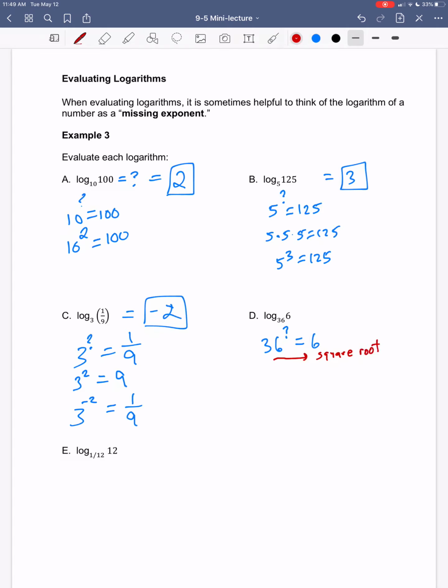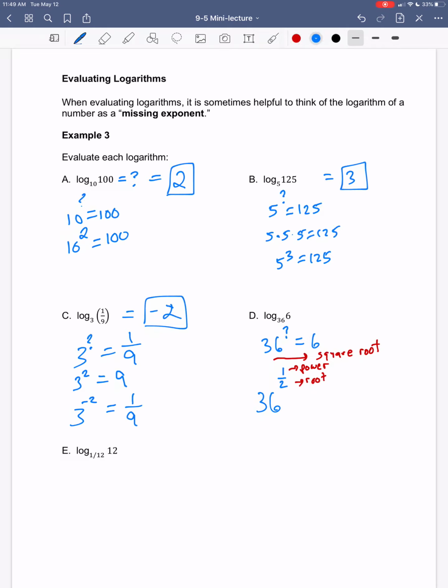So how do I take a square root by using an exponent? We have to go way back to a couple chapters ago when we did radicals. To get a square root, that's the same thing as a fractional exponent. Remember, 36 to the 1/2 power, this 1 would be the power that I'm taking, and this 2 would be the root.